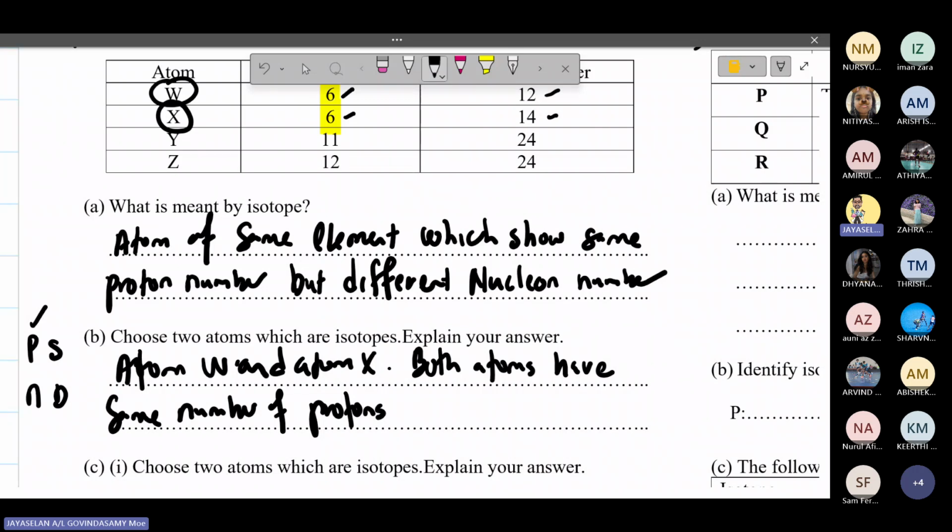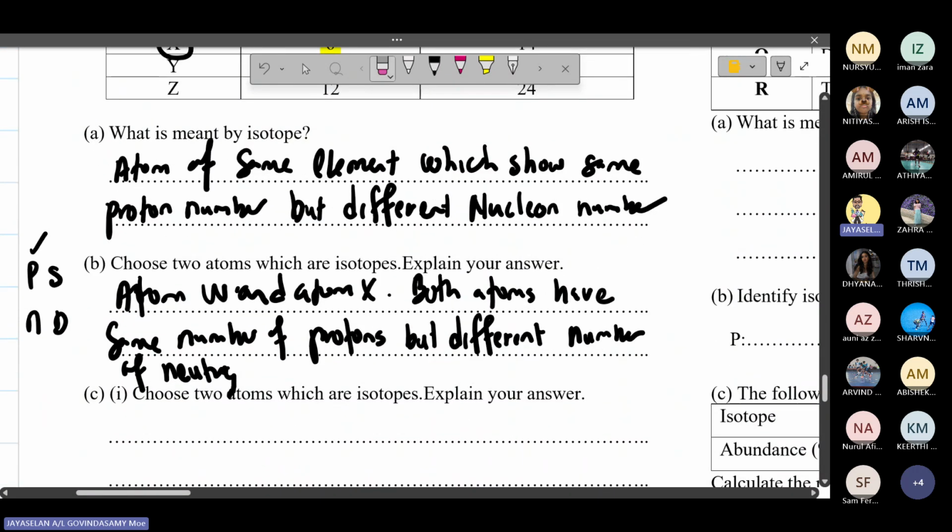Number of protons. How to answer N? Number of neutrons. Both atoms have same number of protons, but different number of neutrons. So you already score 1 mark.